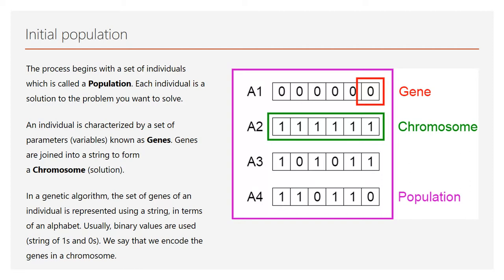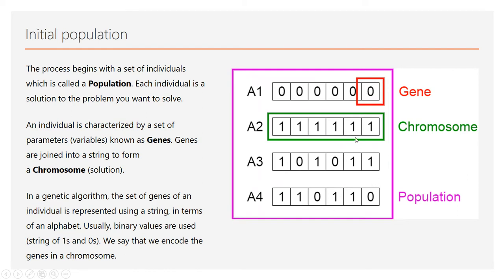In genetics and computer science, we can use alphabets for genes, but in the algorithm let's just use binaries, 0 and 1. So this is the total population, these are chromosomes, and this is a gene.